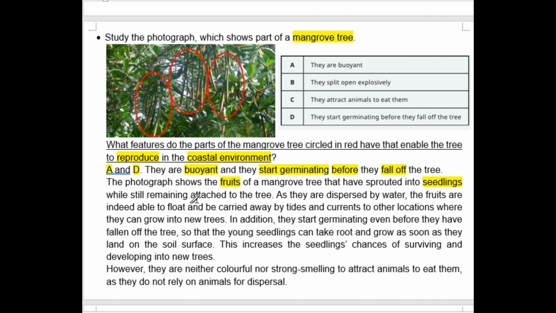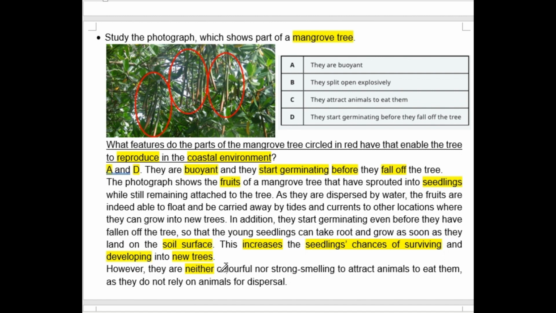In addition, they start germinating even before they have fallen off the tree, so that the young seedlings can take root and grow as soon as they land on the soil surface. This increases the seedlings' chances of surviving and developing into new trees.